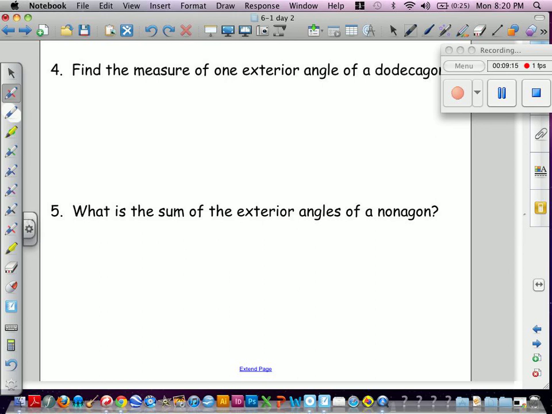Number 4, you're asked to find the measure of one exterior angle of a dodecagon. You need to know a dodecagon is 12. We talked about that earlier. You're going to use your one exterior angle formula, which is 360 divided by n.